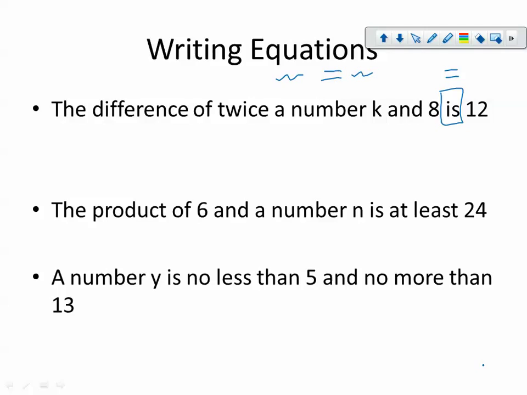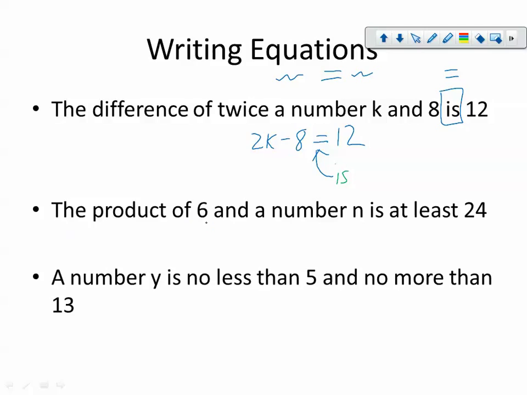So the difference of twice a number k and 8 is 12. The difference of twice a number k and 8 is 12. This equal sign, translated into words, means is, right? This is this. Is means like they're the same thing. And so that equal sign means is.